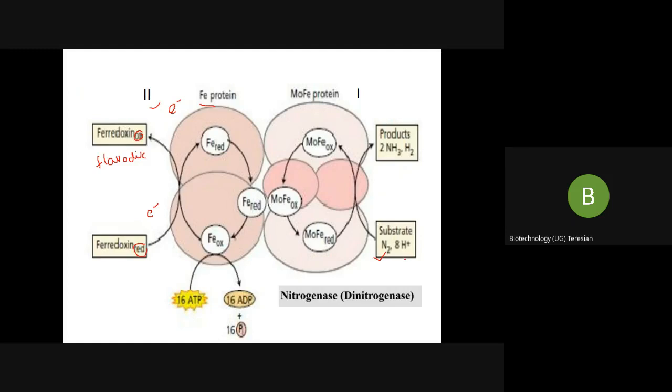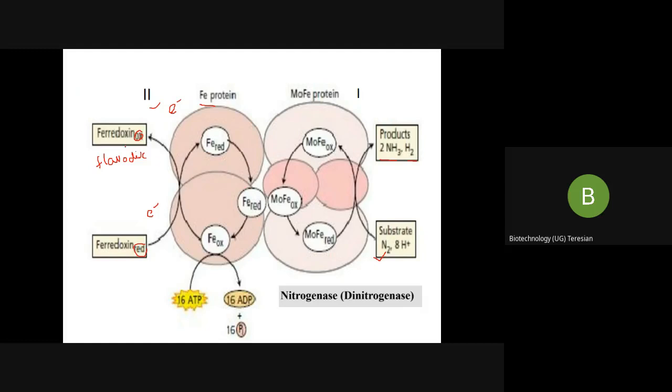It can go and react with them to form what? It will form ammonia and dihydrogen. You have to remember, the hydrolysis of ATP supplies the energy, because ATP is broken down, and that is what is giving the energy to this enzyme for the reaction.